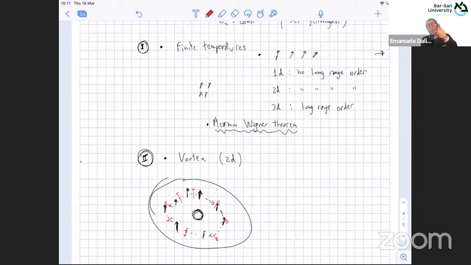When you go around that sort of disk, you can either acquire a phase of 2 pi or a phase of 4 pi. But you are sure that it must be a multiple of 2 pi because you come back to the first state. There are periodic boundary conditions. So what you will see in Nia's talk is an experiment in which they take a ring of lasers which are coupled, and then they will discuss those excitations.